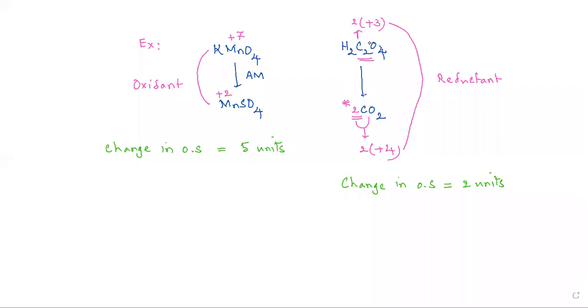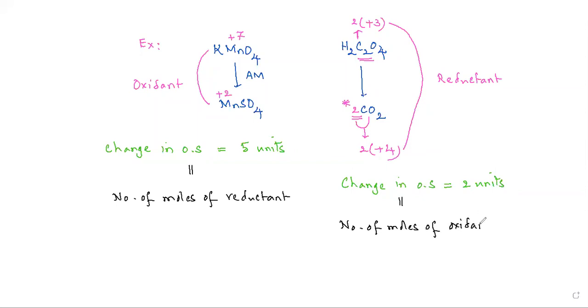Now remember, the change in oxidation state of the oxidant is the number of moles of reductant. Similarly, the change in oxidation state of the reductant is the number of moles of oxidant. Okay, simple.